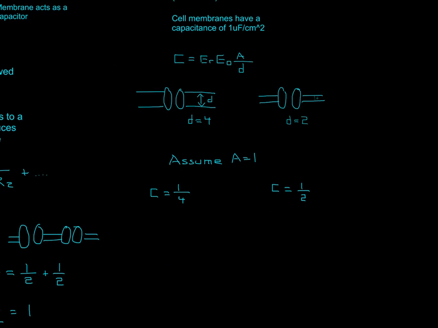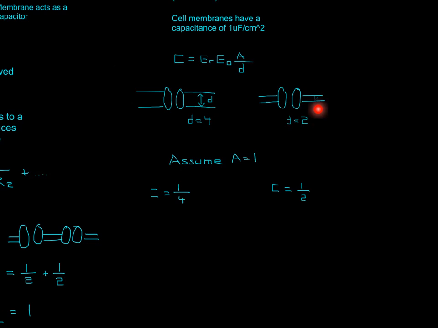A equals 1. So over here, you'd have capacitance is equal to 1, which is the area, which we assume for both, divided by the distance. So d equals 4 over here, so the capacitance is 1 over 4.